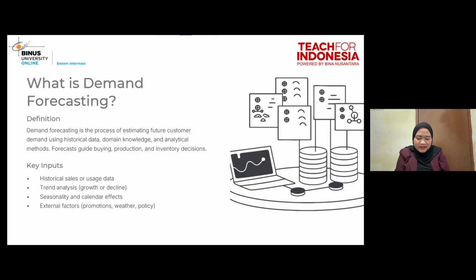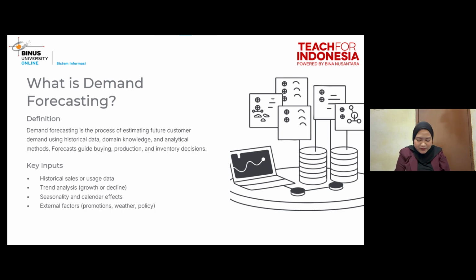First, let's understand what demand forecasting actually means. What is demand forecasting? Demand forecasting is the process of estimating future customer demand using historical data, domain knowledge, and analytic methods. Think of it as turning past information into future insight.